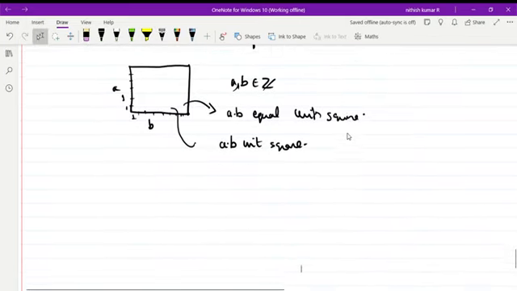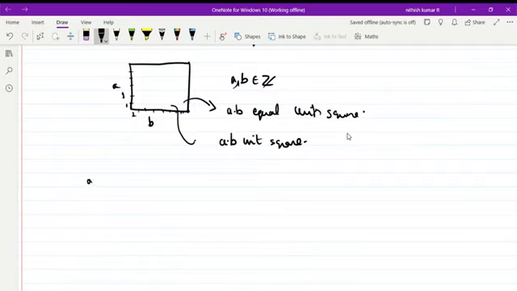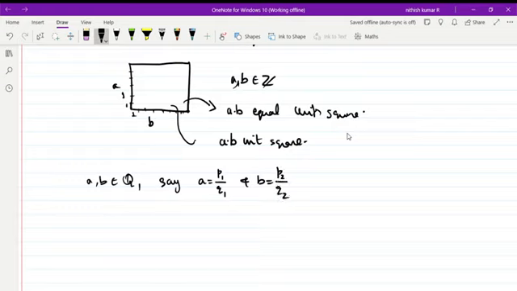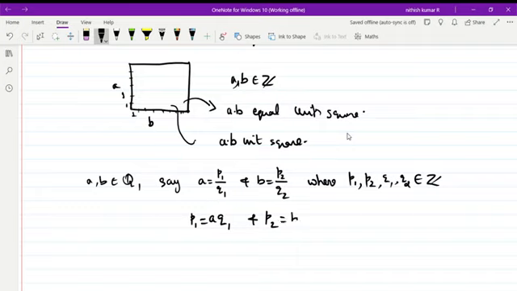Now, what happens if A, B are rationals? Say A is equal to P1 by Q1 and B is equal to P2 by Q2, where P1, P2, Q1, Q2 are all integers. Now from this, P1 is nothing but A into Q1 and P2 is nothing but B into Q2.